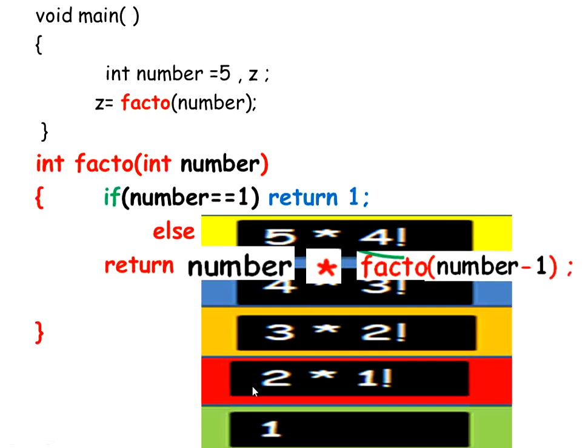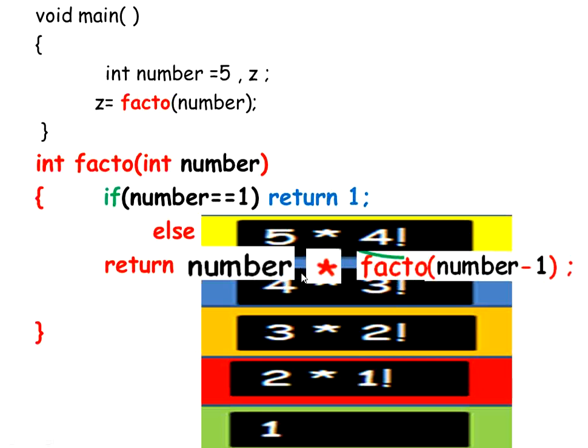So based on what I know I am supposed to be doing, and I have a trace of how I am going to be doing it, I just put this in place. So I will be returning number into facto of number minus 1. Mind you, this does not get evaluated.